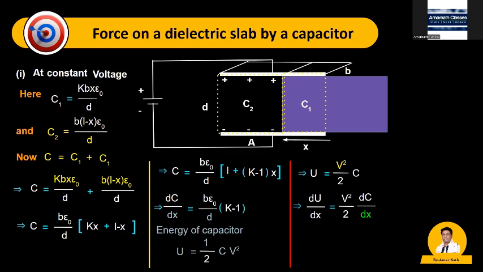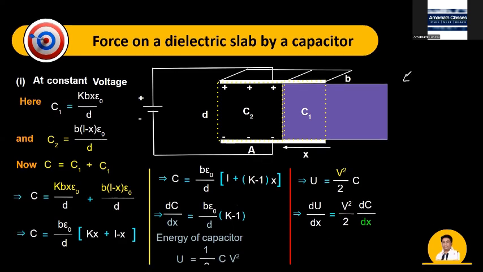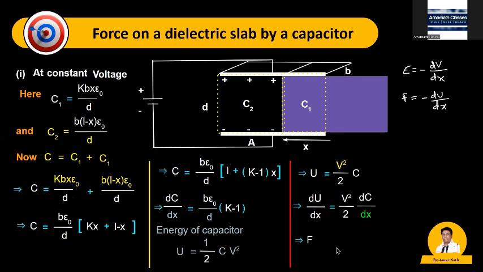Field is minus dV by dr, and the dr can be written as x also, if it is along x, and force is equal to minus dU by dr. So in place of dU by dx, if I write F, then a negative sign will be put here, V square by 2, and dC by dx we have already done, V epsilon naught by d times K minus 1 as well.